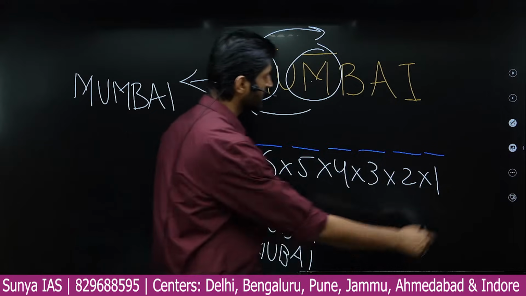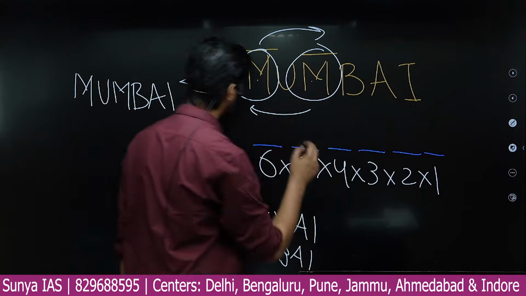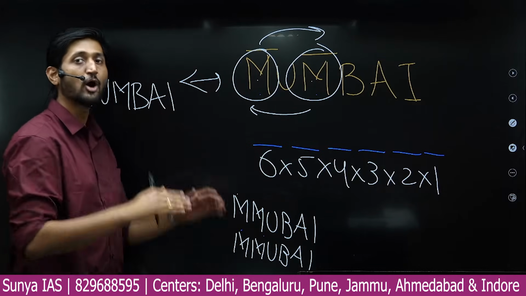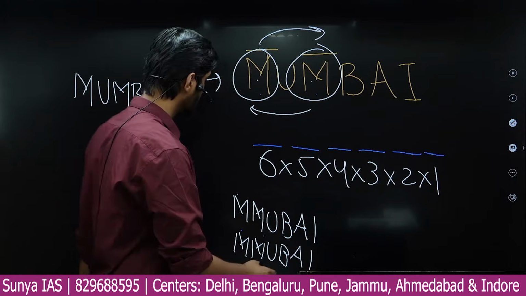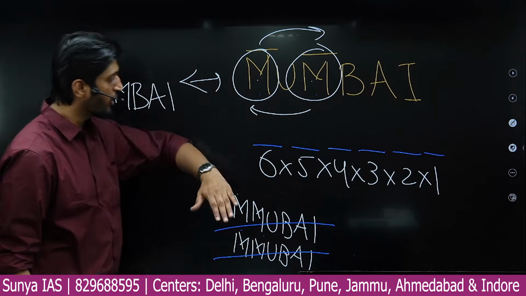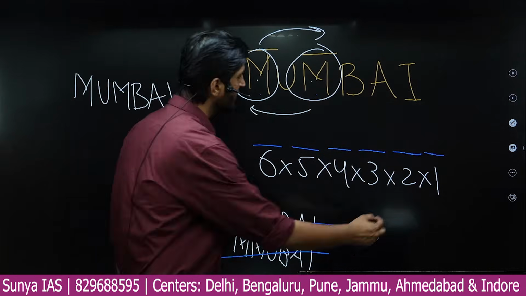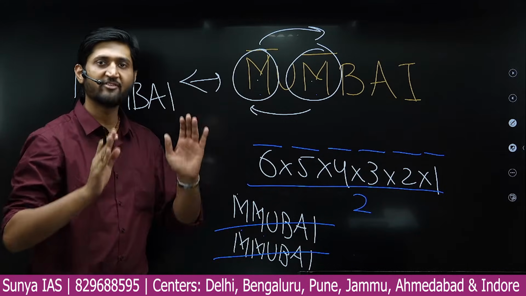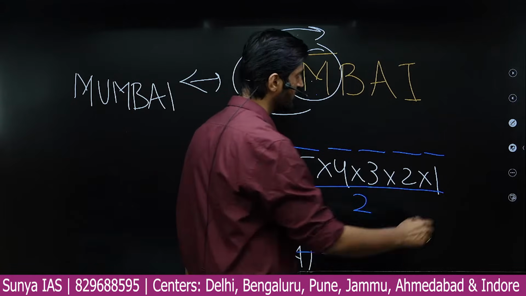Someone can argue this is another word, I'm using this M at the first position and that M at the second position. But how does that matter? Both of them are the same. So these two words are the same, and in order to avoid this double counting, we just divide this overall value by 2. That is the idea which we are going to follow in the previous question.